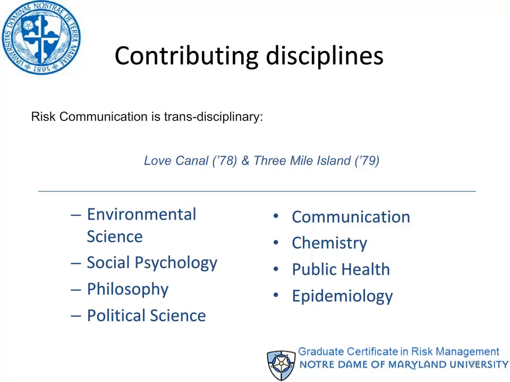Philosophical and sociological work focused on culturally shaped meanings of risk. Political science looked at decision-making based on risk. Communication scholars engaged in message design research. So you will see many different disciplines have contributed to the development of risk communication and its principles.